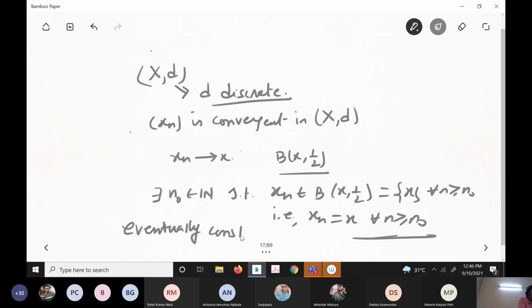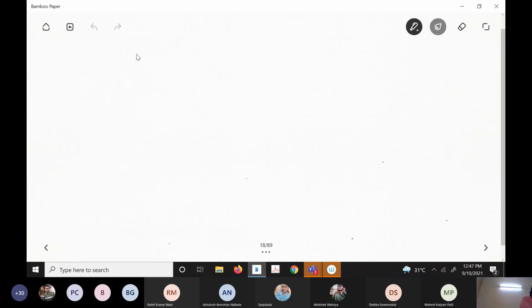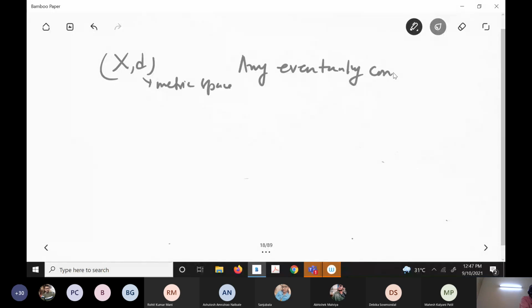And look, whatever metric space you take, every constant sequence means every element is the same. Let me tell you about every eventually constant sequence. If you take any metric space, then any eventually constant sequence x_n converges in X. But the converse need not be true.